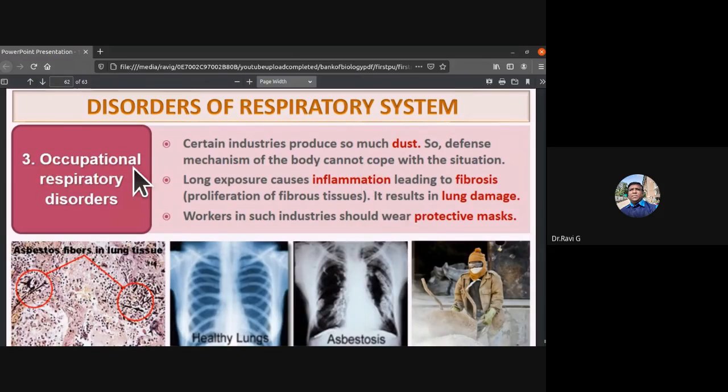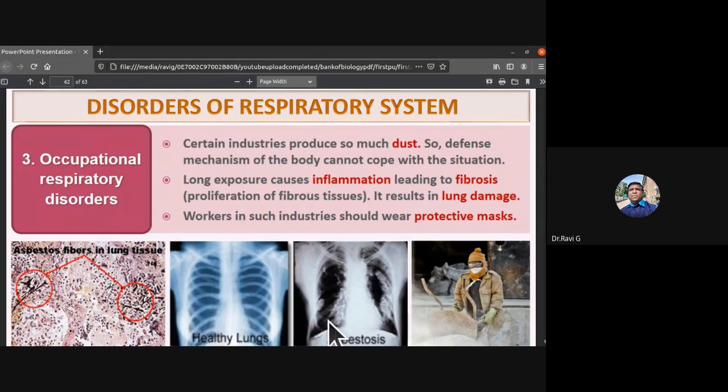But in various other industries, like polishing of granite or the tile industry, a lot of dust is produced. The defense mechanism of the body cannot cope with this situation, so long exposure to dust causes inflammation of the lungs.